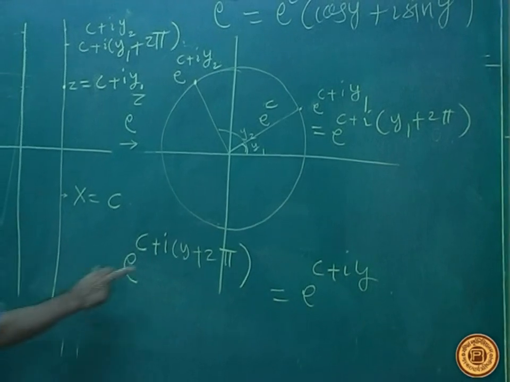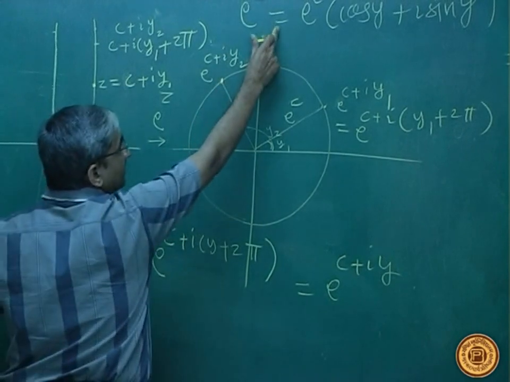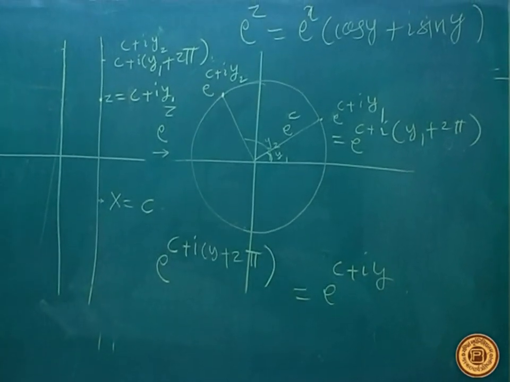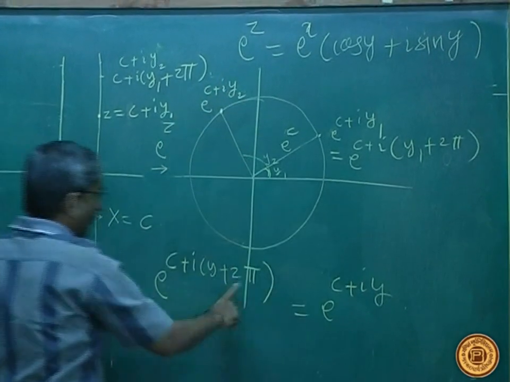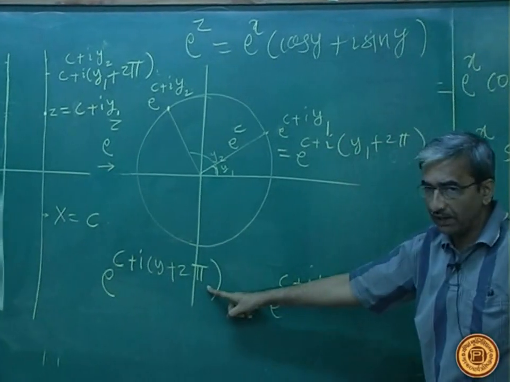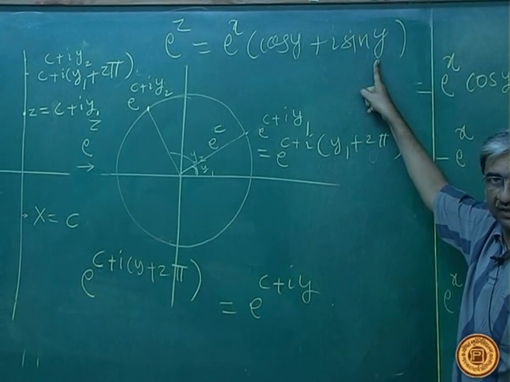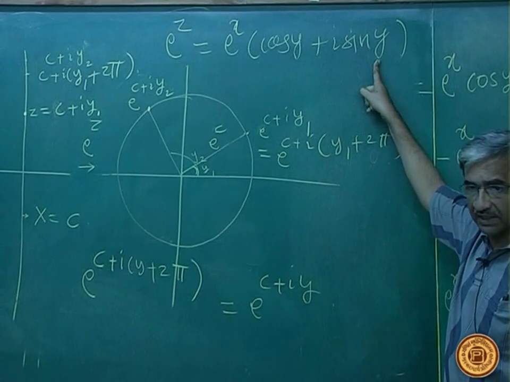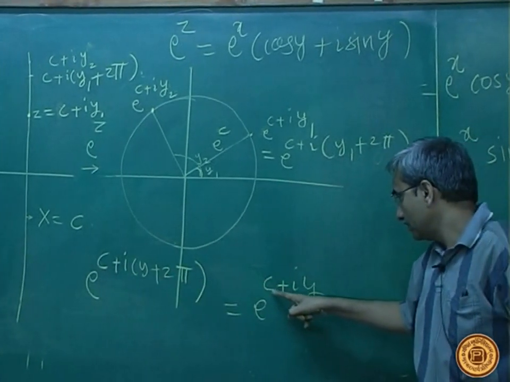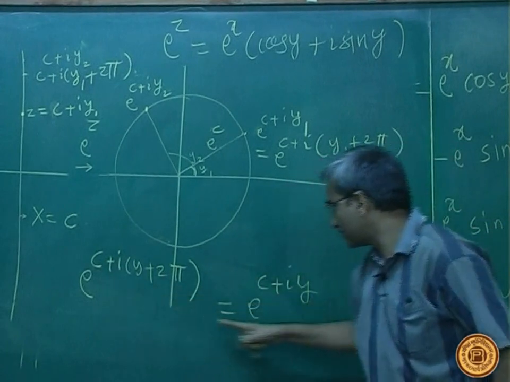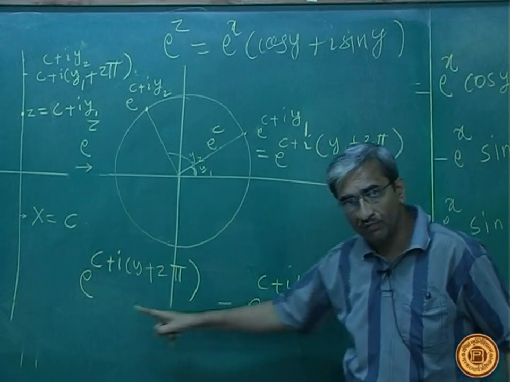Have you understood this? You can also directly check by the formula which is written here, because y is changing. Y plus 2 pi, if you put here, cos of y plus 2 pi is cos y, sin of y plus 2 pi is sin y. So you get the same point. So two different points have the same value of the exponential.